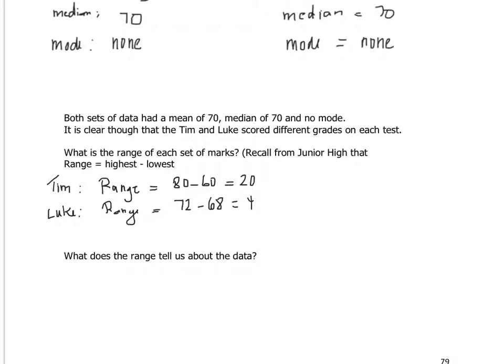So what does a range tell us about the data? This tells us that Tim's marks are more spread out across a larger range of numbers.